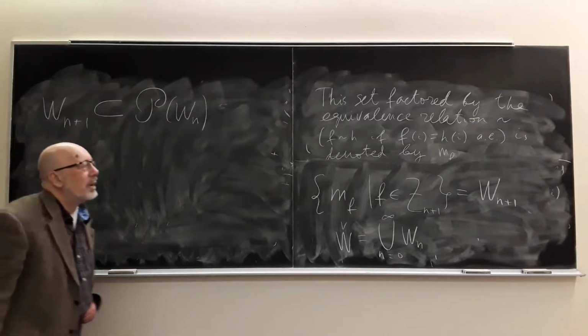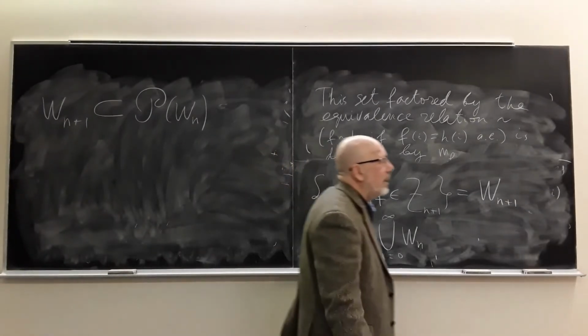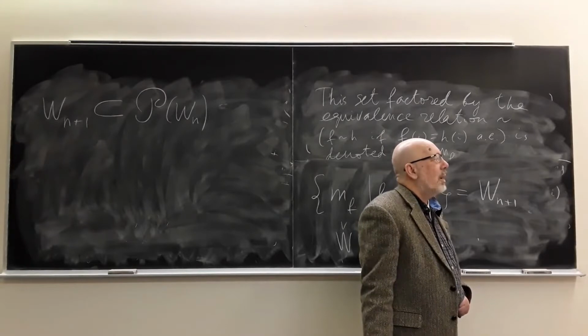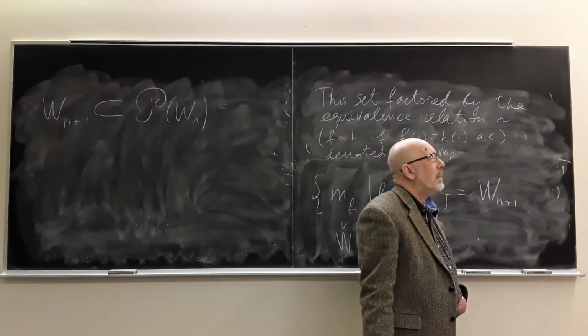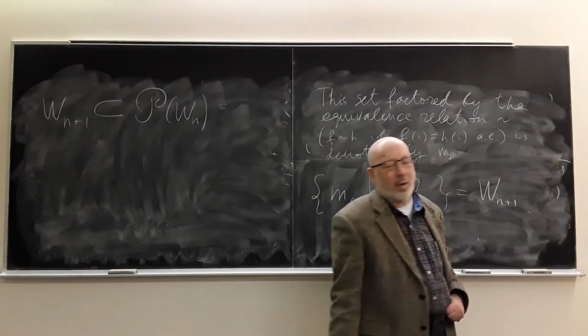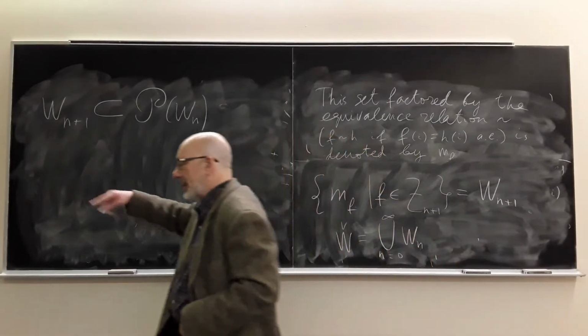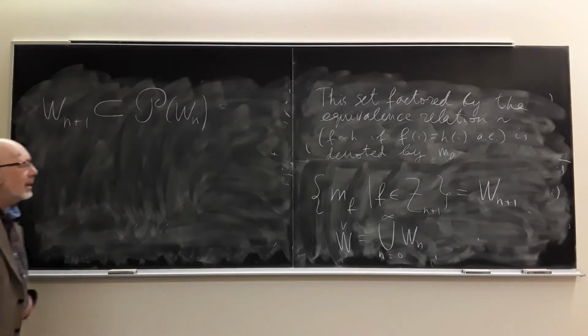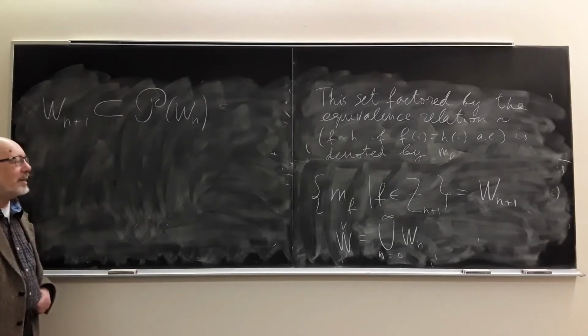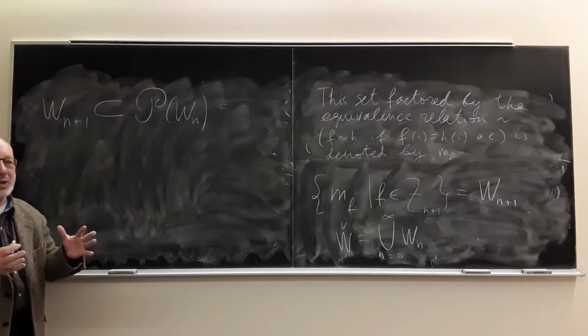Just look at the case n equals 0. W0 is the equivalence class of just functions from I to S0. W1 is a set of such functions.